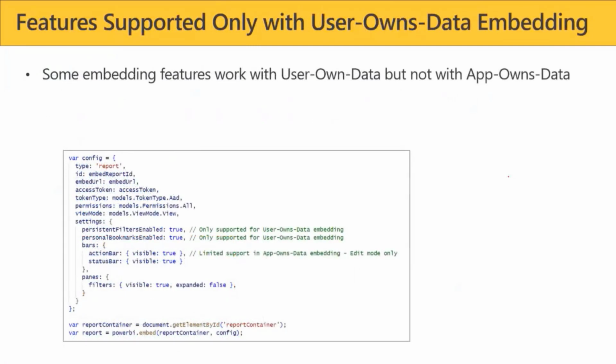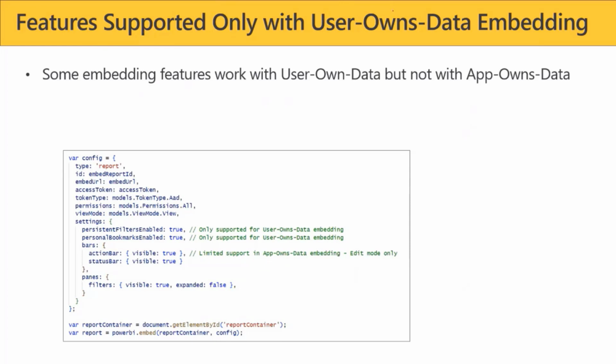Okay. Now, I also wanted to call out that there are some features that are only supported with user-owned data embedding. In particular, persistent filters enabled is what allows you to use user-owned data embedding for the user to be able to capture and reload persistent filters, and also personal bookmarks.